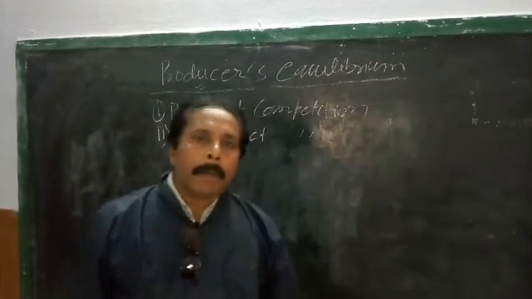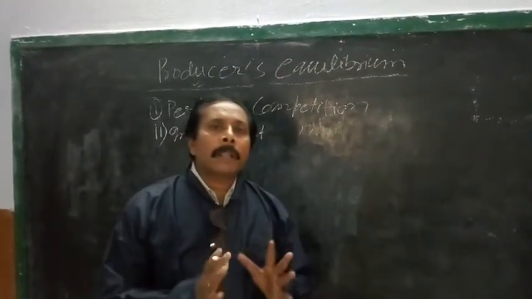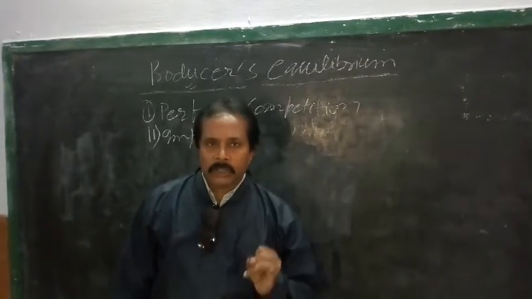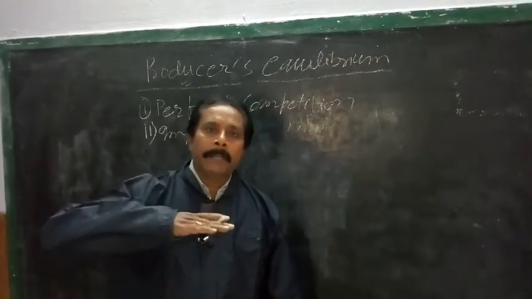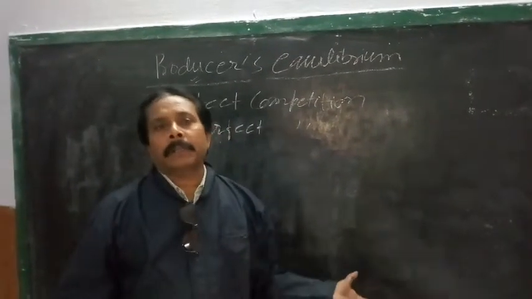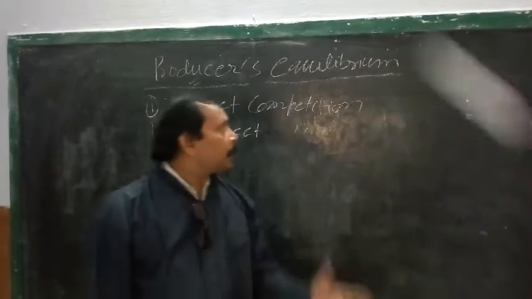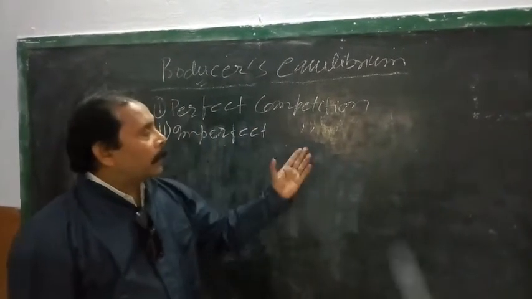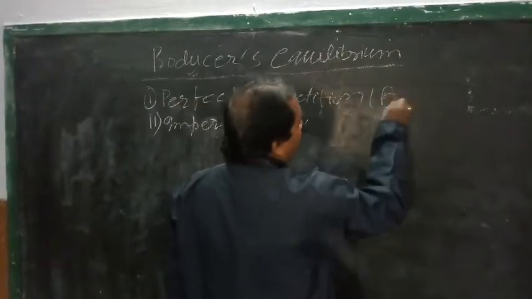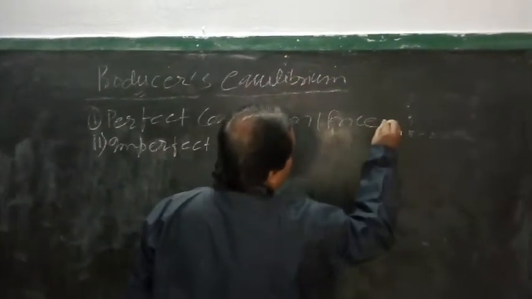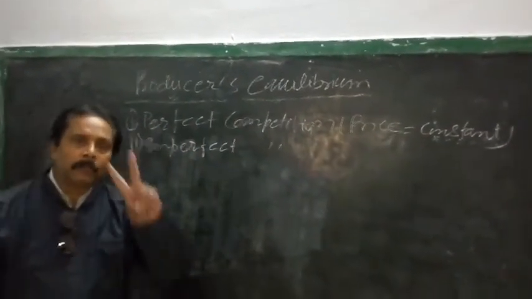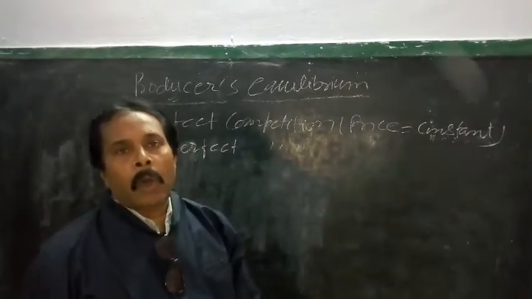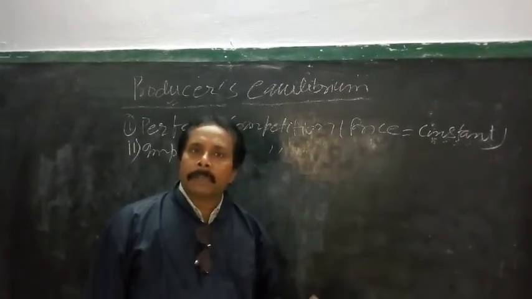Perfect competition is a market where all the producers are producing a homogeneous product. Point number one. Second, the price will remain constant because the product is 100% homogeneous. The most important thing is that the price is constant, because the price is determined by two market forces, demand and supply.